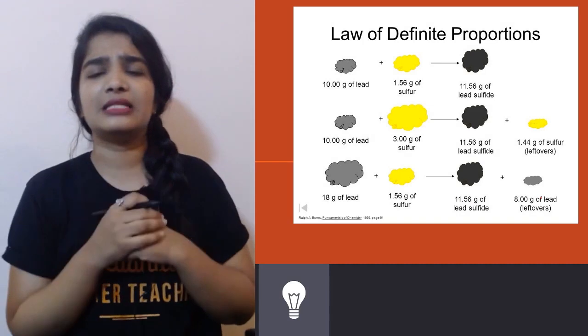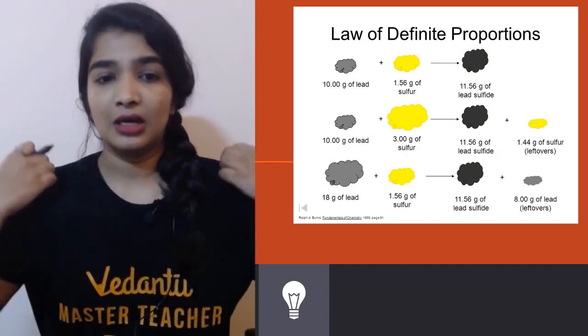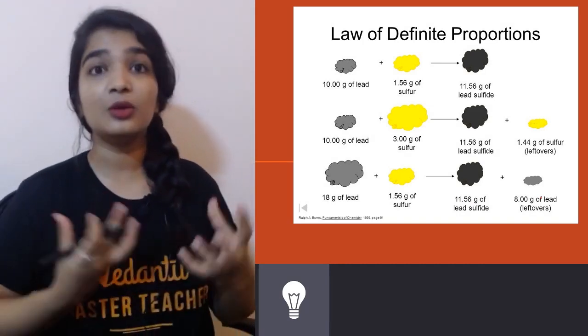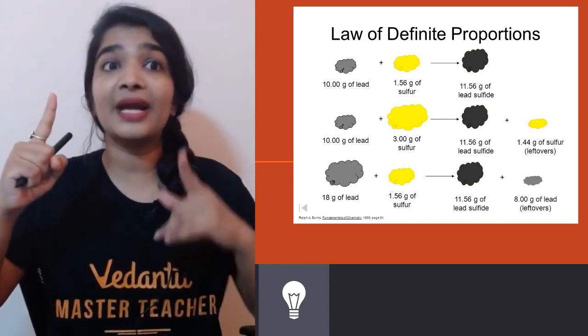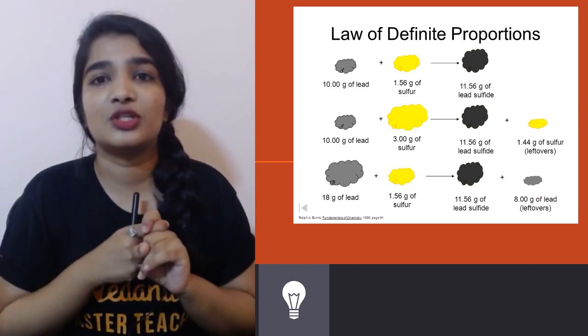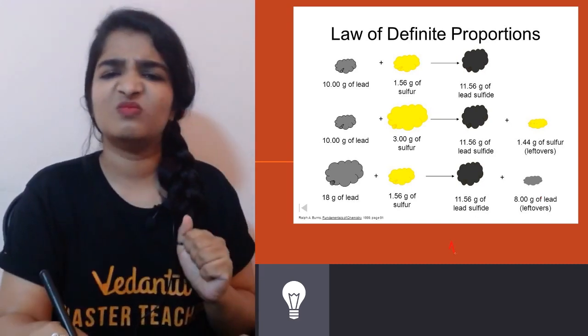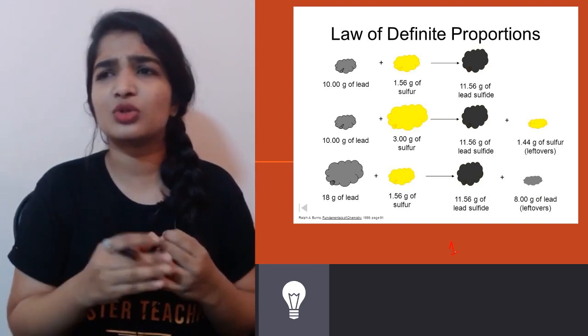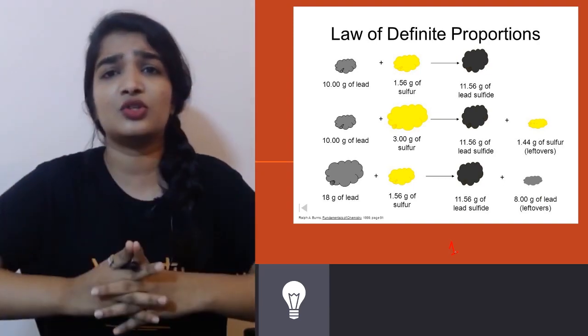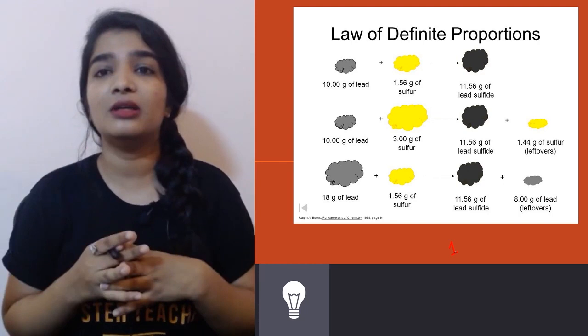Okay, let's take another example. In what other way can you define it? 1 gram of hydrogen will combine only with 8 gram of oxygen. Acha, you have a very big heart. You say, 1 gram of hydrogen, I'll give it 100 grams of oxygen. Let it combine. Let it be happy.